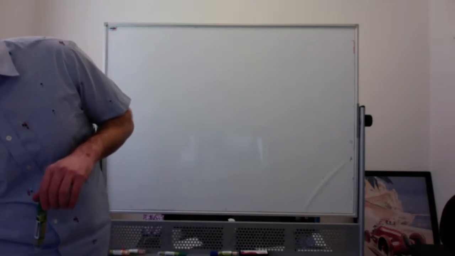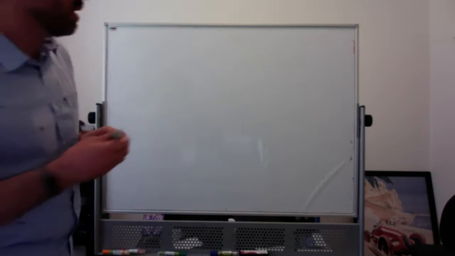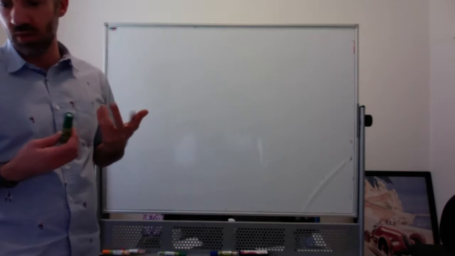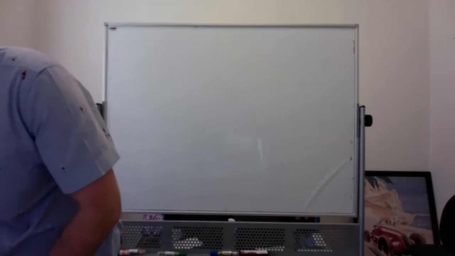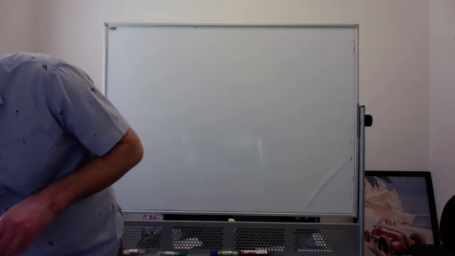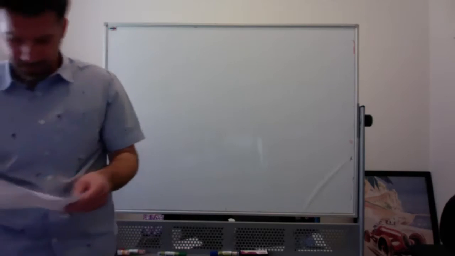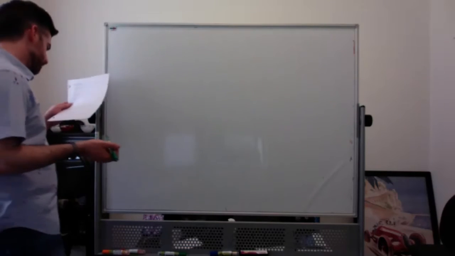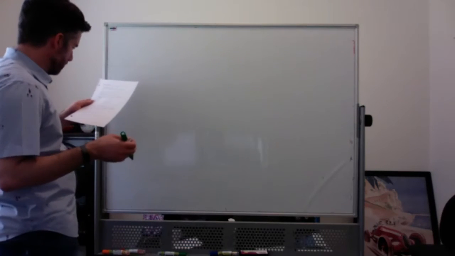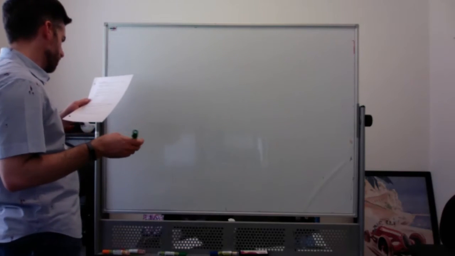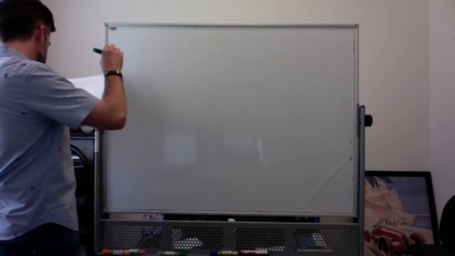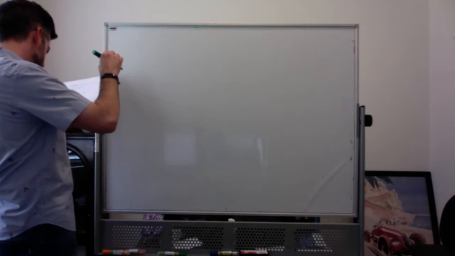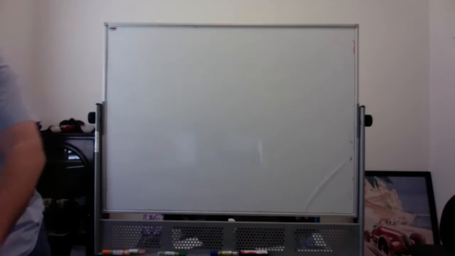Sorry. The other thing I was going to mention is the idea of the chain rule for multivariable functions. This is not what I want. I want this other page I've got over here.